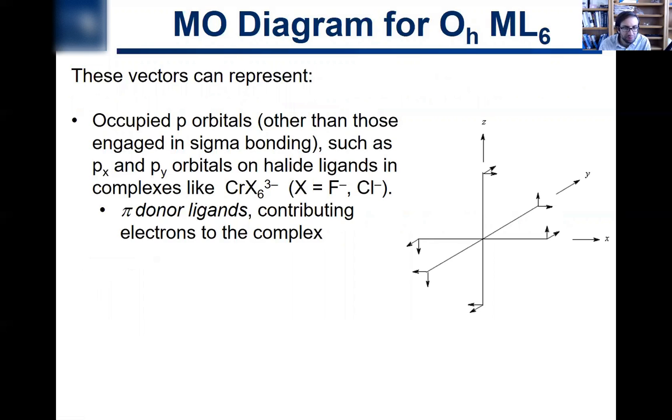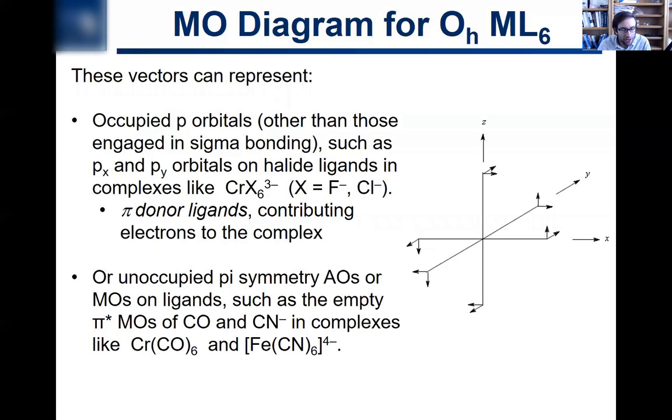These are called pi donor ligands: electron density from the ligand goes to the metal, and you form a pi bond that way. Or these could be unoccupied pi symmetry atomic orbitals or molecular orbitals on ligands. Those could be empty, antibonding pi orbitals, for example, of carbon monoxide and cyanide.